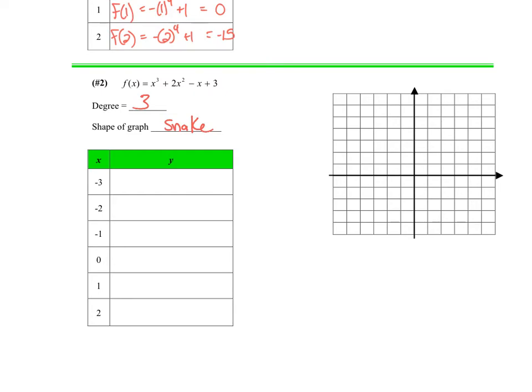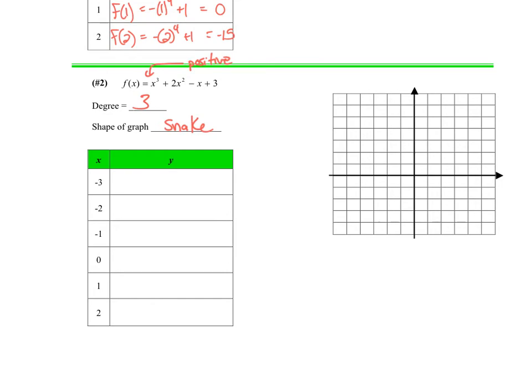It's going to go up in one direction and down in the other. Just a hint: the leading coefficient is positive. If it's a positive leading coefficient, it's going to go up as you go to the right. No matter what the degree is, with a positive leading coefficient the graph will be going up to the right.